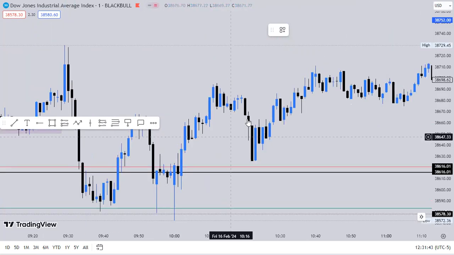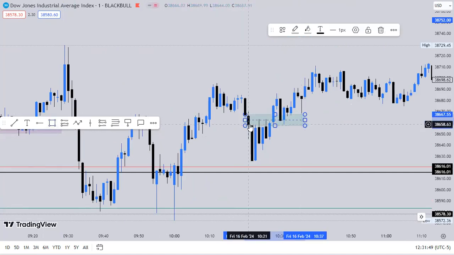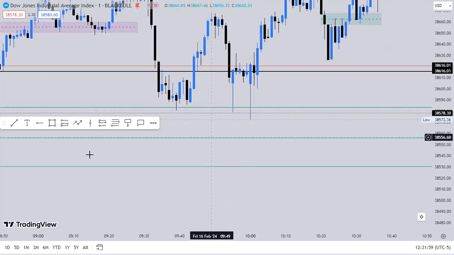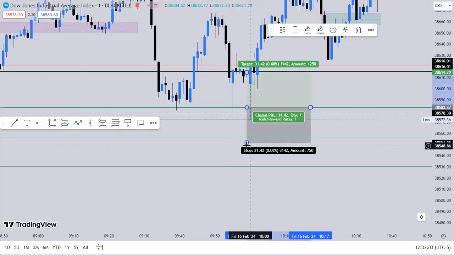So here we have an inversion, and I entered in the silver bullet time. I missed the move from the OTE level, and it's okay. I don't enter from the OTE and put my stop loss on here.